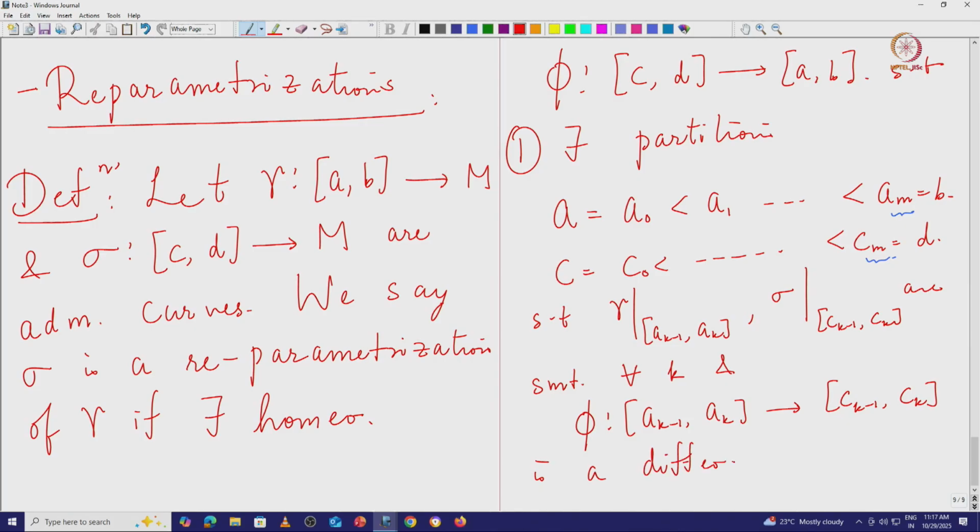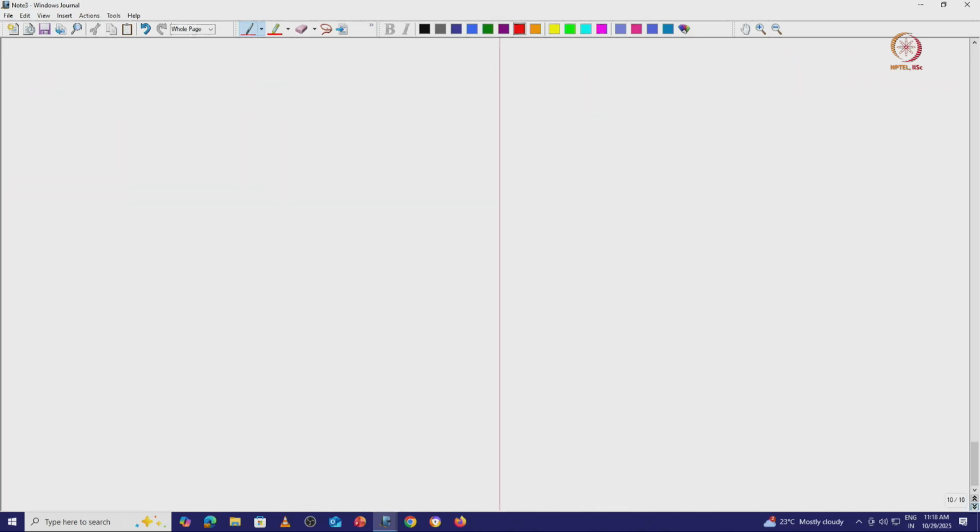Which means that it is smooth, and the inverse is also a smooth function on closed intervals. And of course, it is called a reparametrization, so sigma of s better be gamma of phi of s.